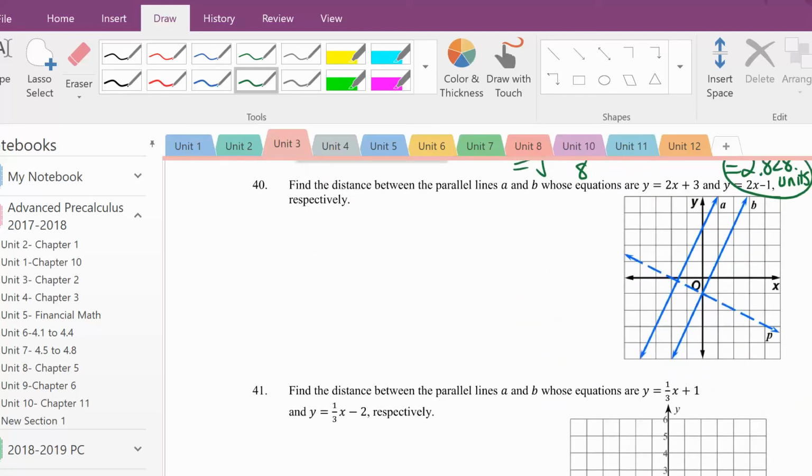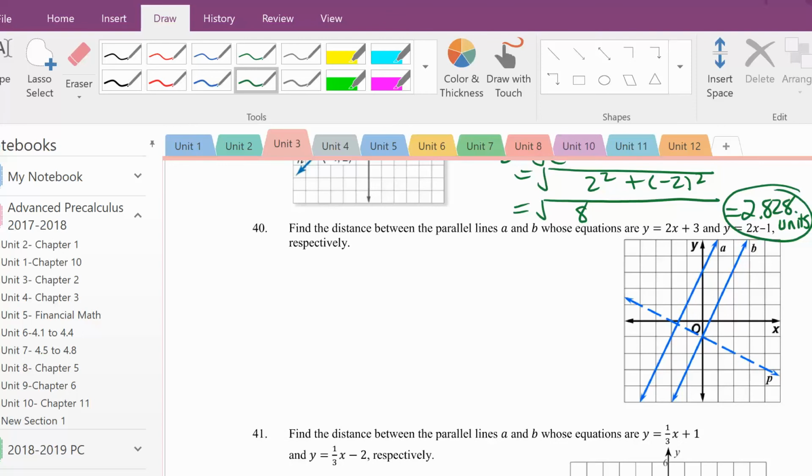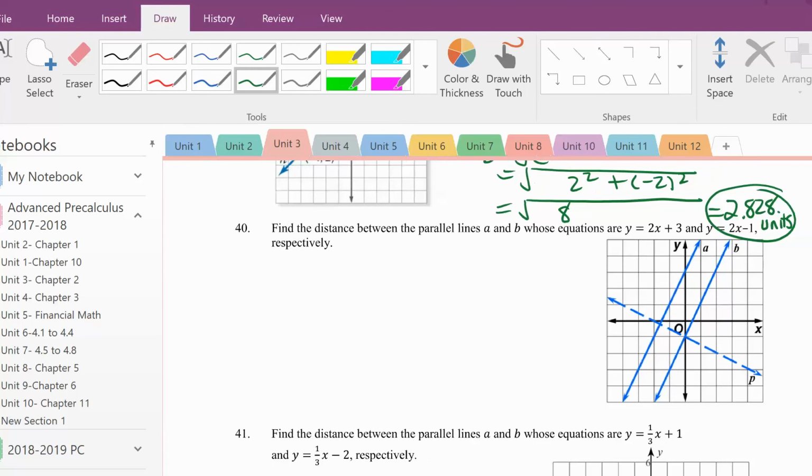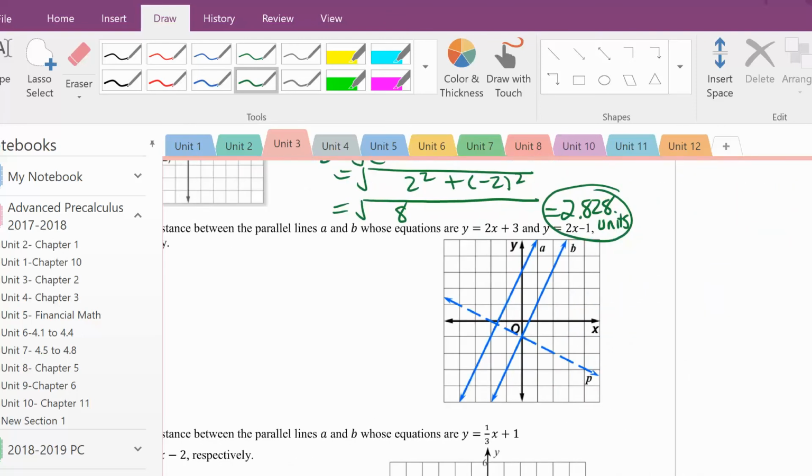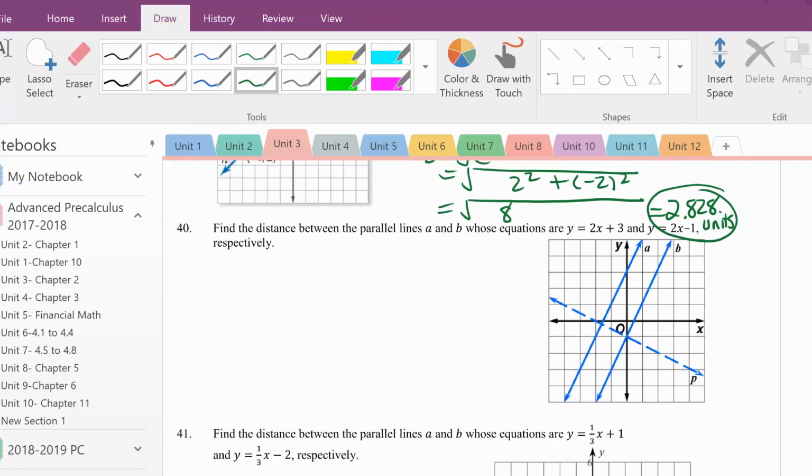All right, so let's look at 40. 40 says find the distance between the parallel lines y equals 2x plus 3 and y equals 2x minus 1, respectively. So if we take a point on line B, and we'll do the y-intercept, which is (0, -1).